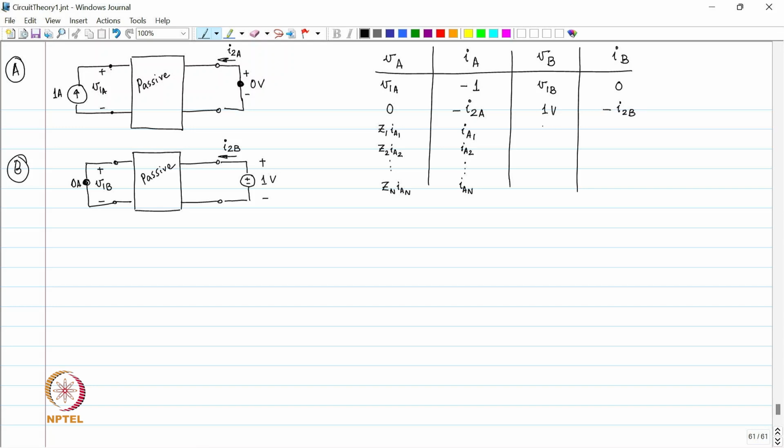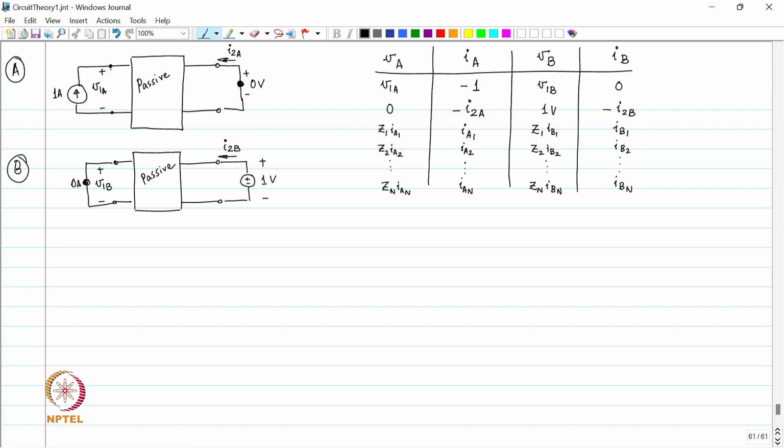And let us list out the currents in the internal components. Let us call them I B 1, I B 2 dot dot dot I B n. Then the voltages across those will be Z 1 I B 1, Z 2 I B 2 dot dot dot Z n I B n.